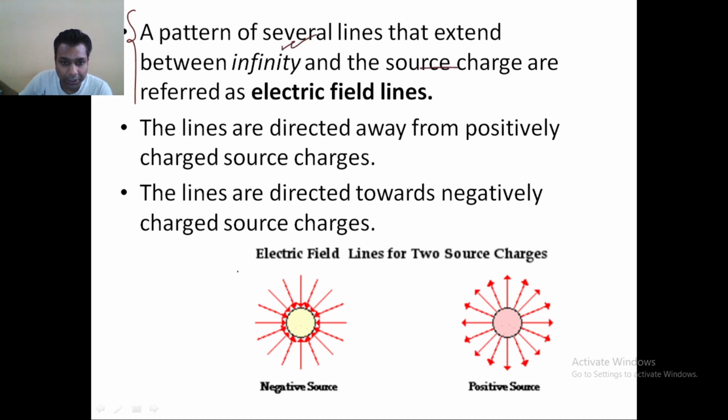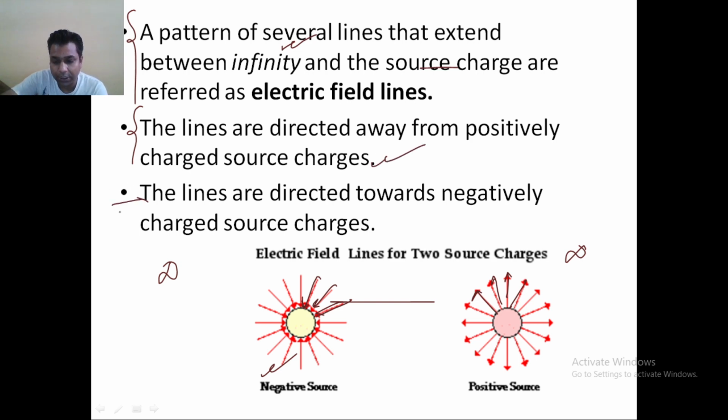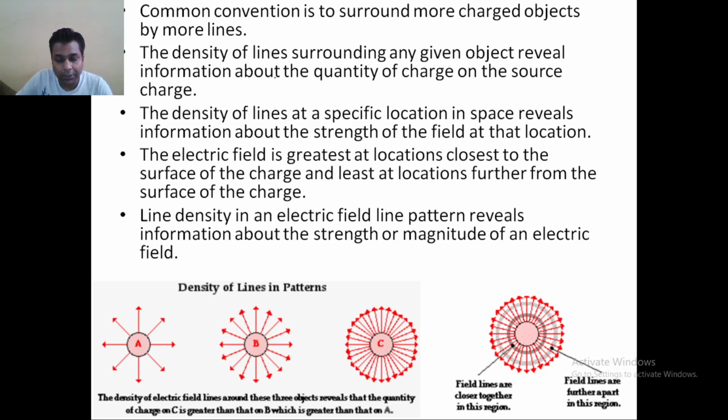For the negative source charge, the pattern of the lines is inward, and for the positive source charge the pattern of the lines is outward. The direction of the lines is away for the positive source charge, and towards for the negative source charge.